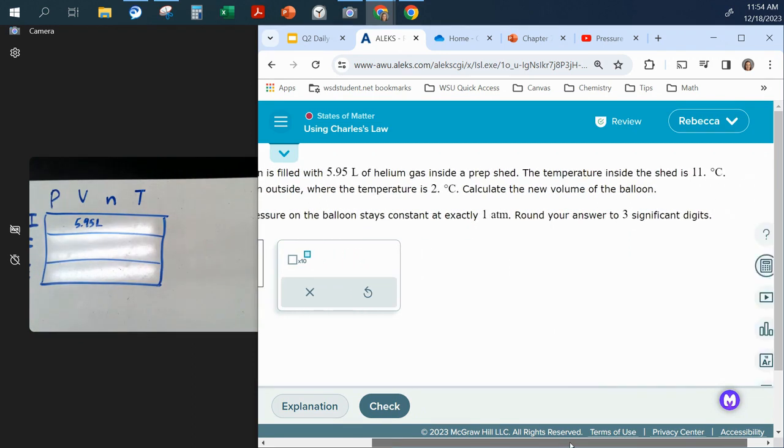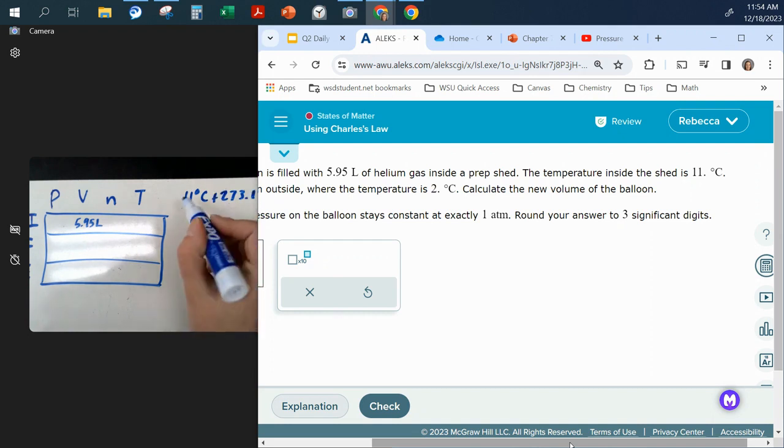And then the temperature of the shed is 11. But remember, we need to convert that. It must be in Kelvin for this problem. 273.15, and that's going to be 284.